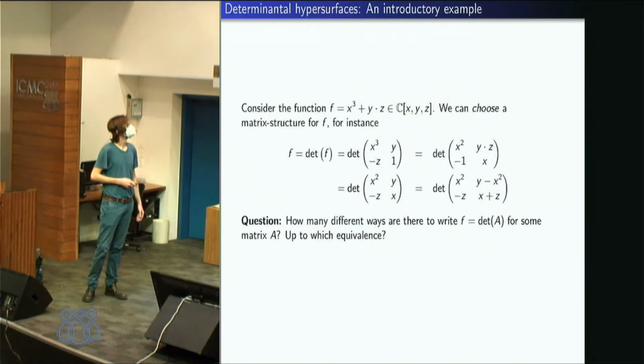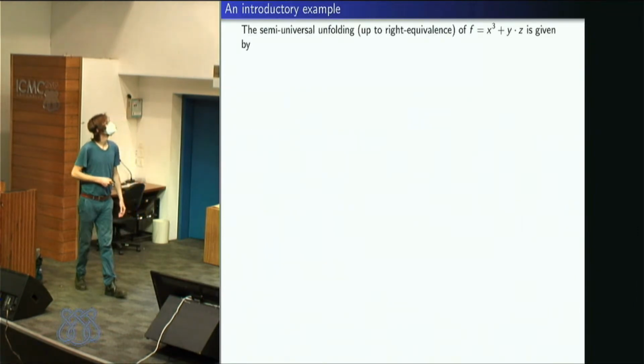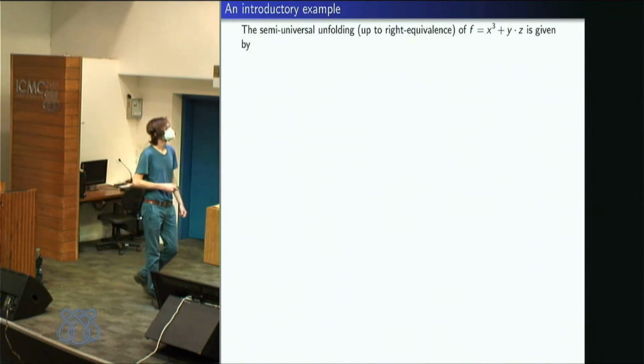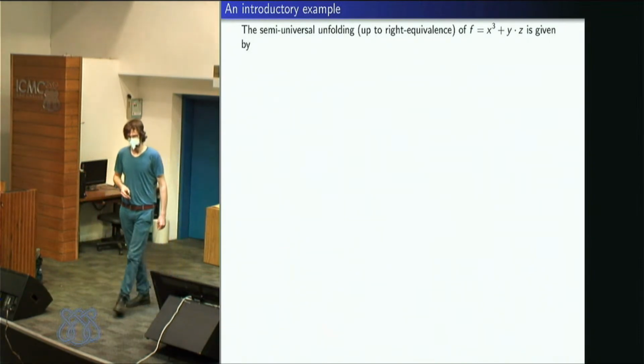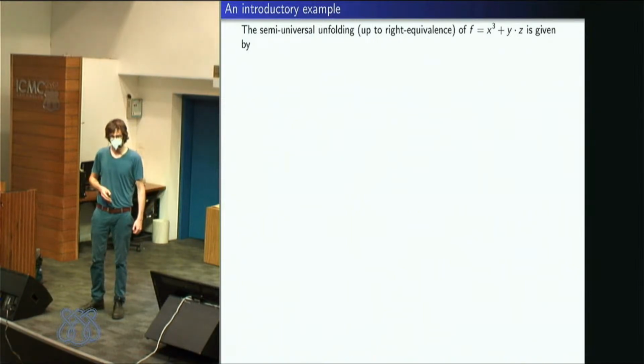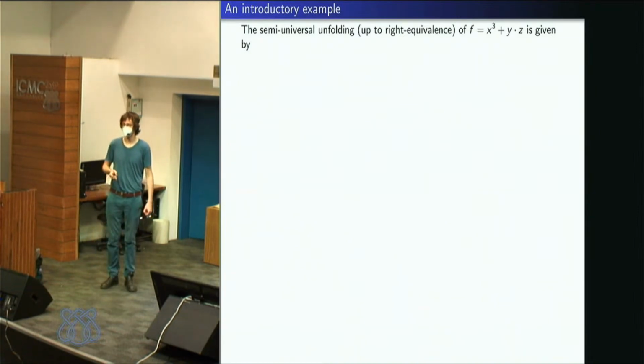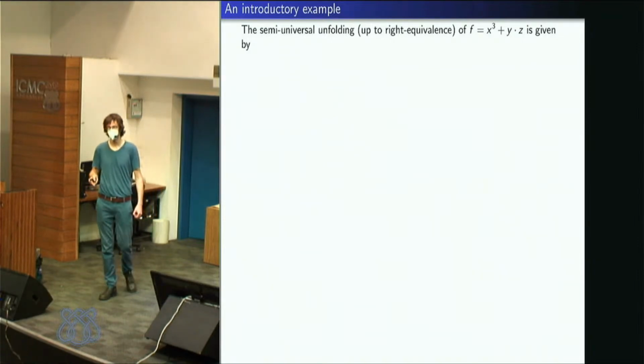So let's proceed with this example, because there has been a classification by simple symmetric matrices and also by simple square matrices up to GL equivalence that has been done by Bruce and Tari.